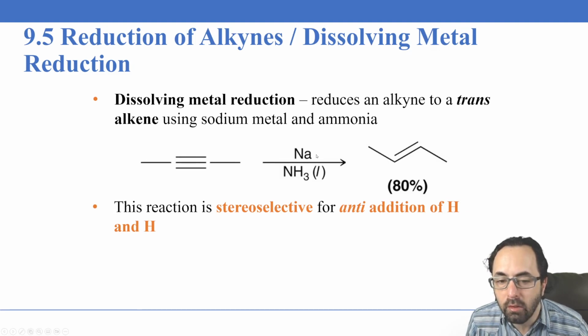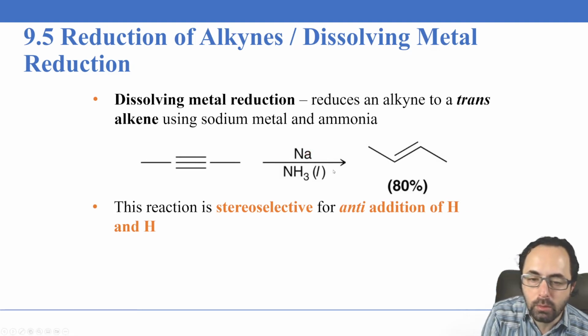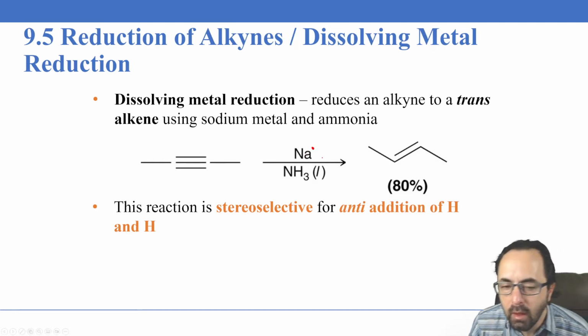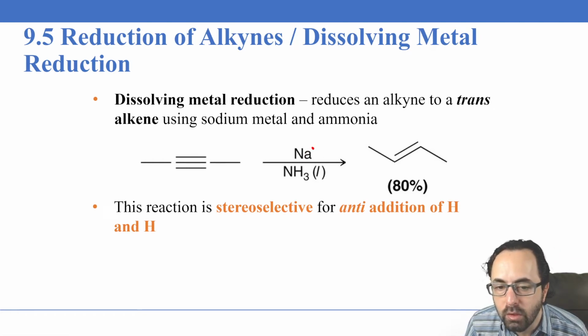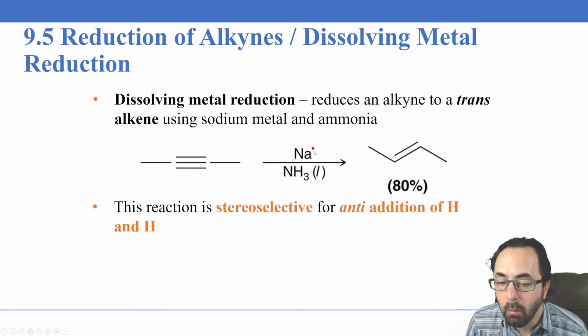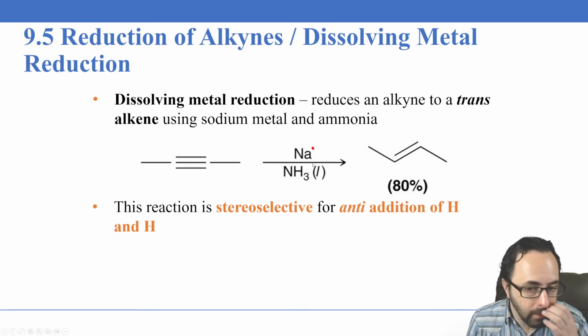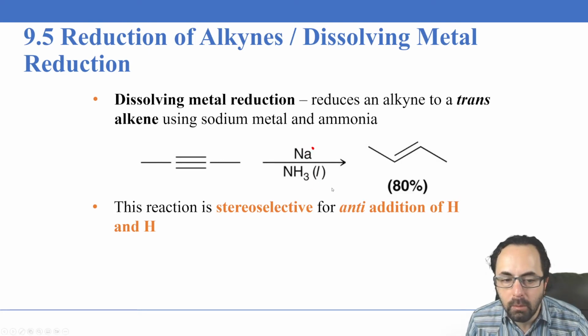The sodium is a sodium atom. It's sodium metal. So remember, sodium is group 1, so it has 1 valence electron, an unpaired electron, which is going to help us initiate a radical chain mechanism. Radical refers to molecules that have unpaired electrons. So we'll use sodium, and the solvent here will be ammonia.